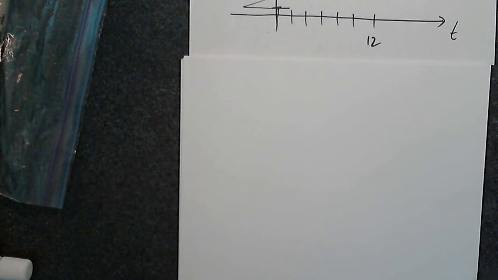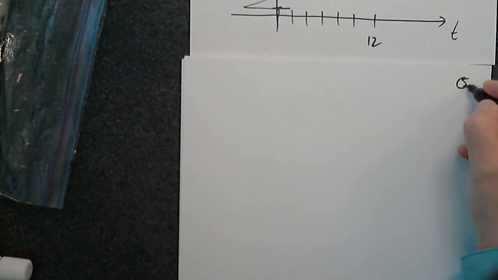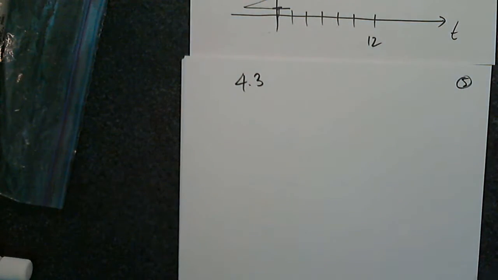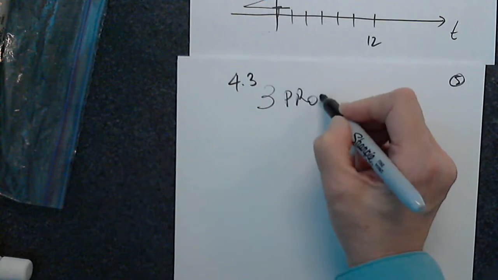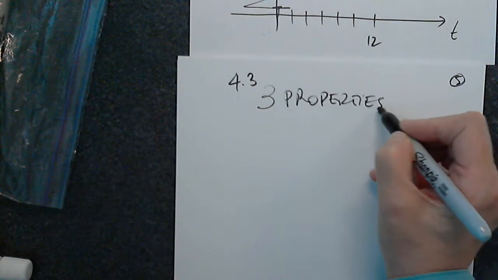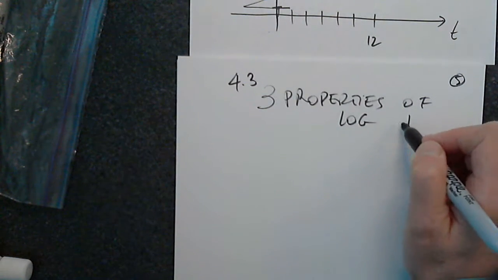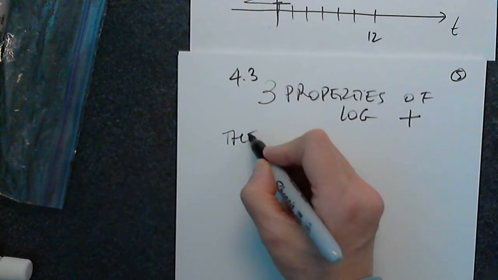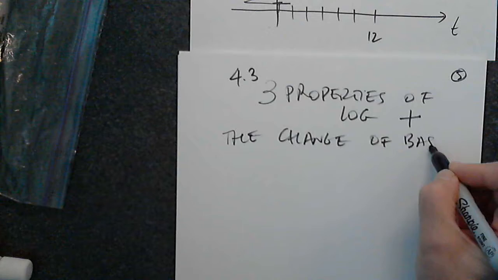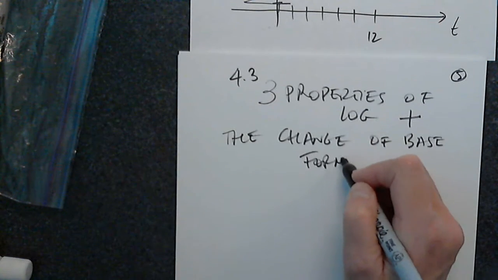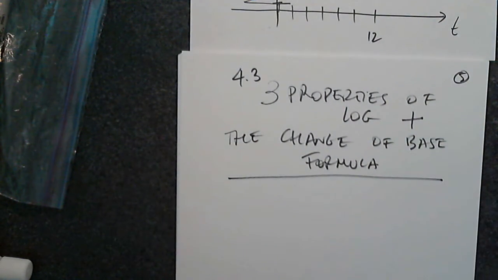Yes, Heather, done? Okay, so 4.3. 4.3 deals with 3 properties of log function plus the change of base formula.